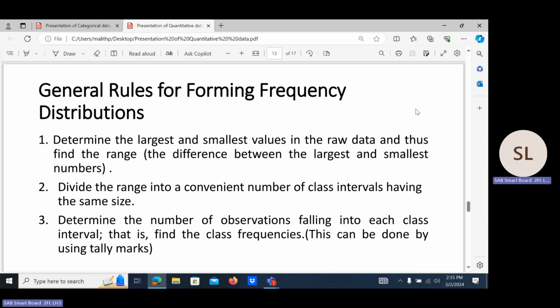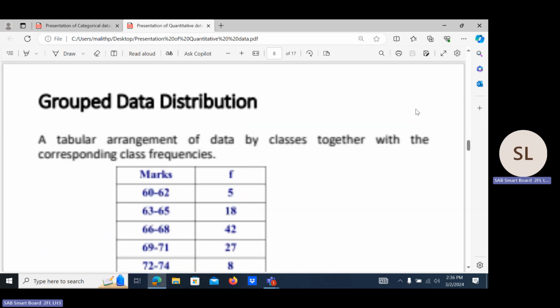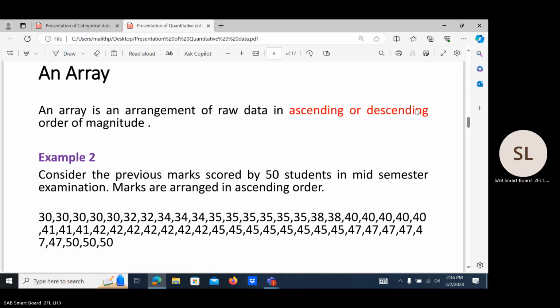Understood? In this example, we can use the array. It's very easy. 30 is the smallest value, the lowest value, and 50 is the highest value. That is the first step.